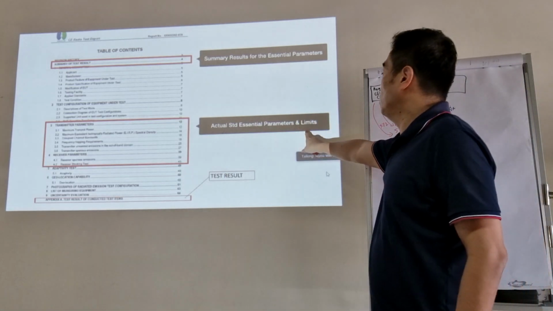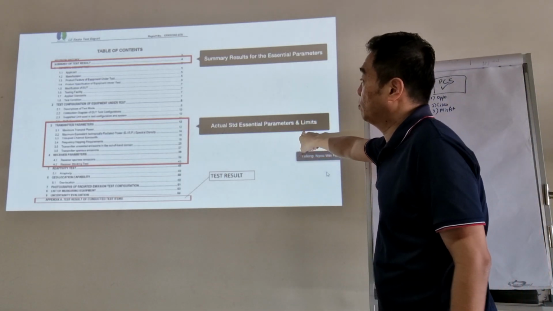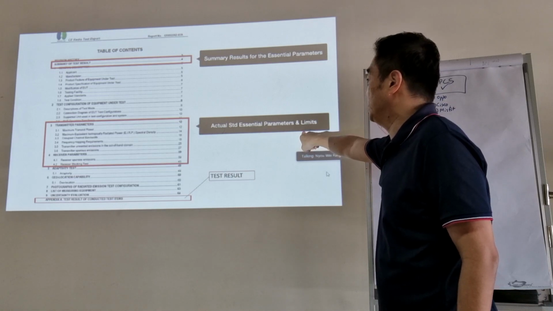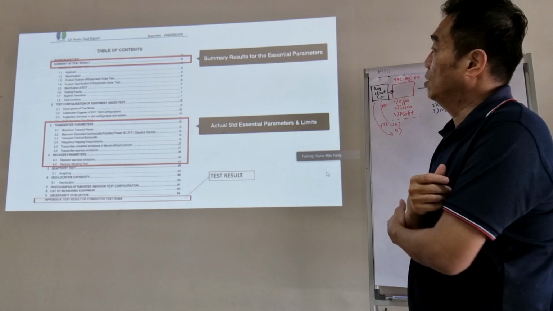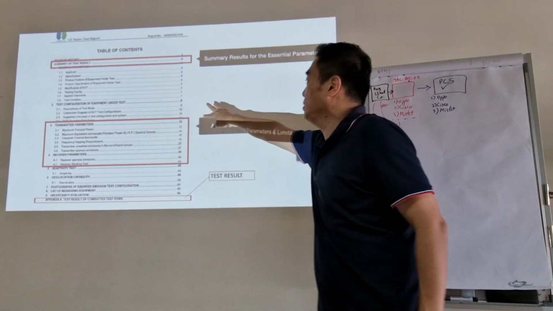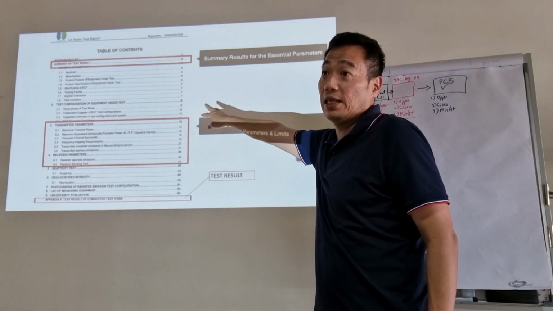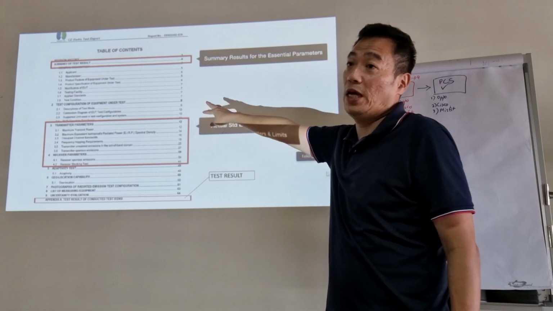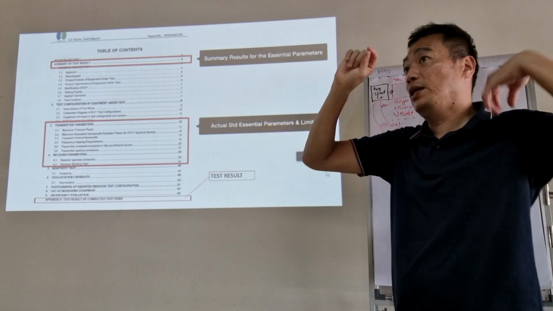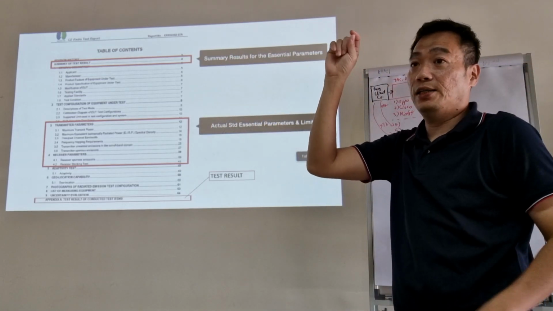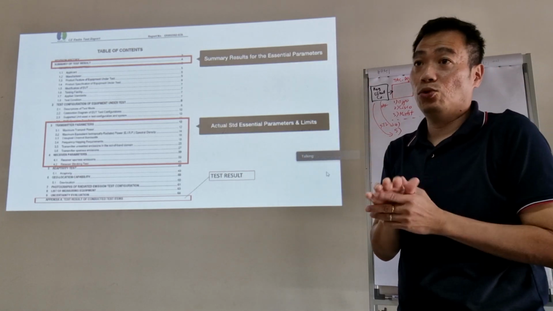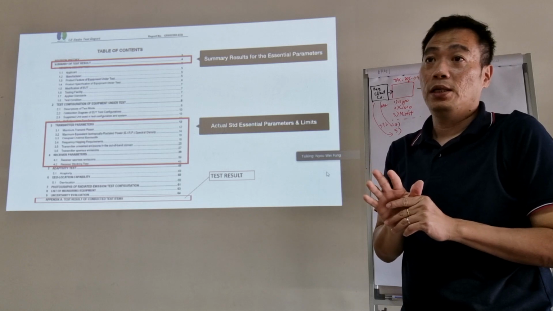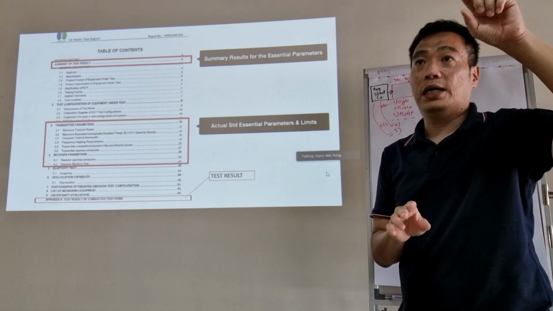So this will be the transmitter parameters, which are the actual standard essential parameters and limits. The configuration we usually don't look at, unless they fail, then why is there an error, a very huge difference, maybe the way they do the testing under different conditions.